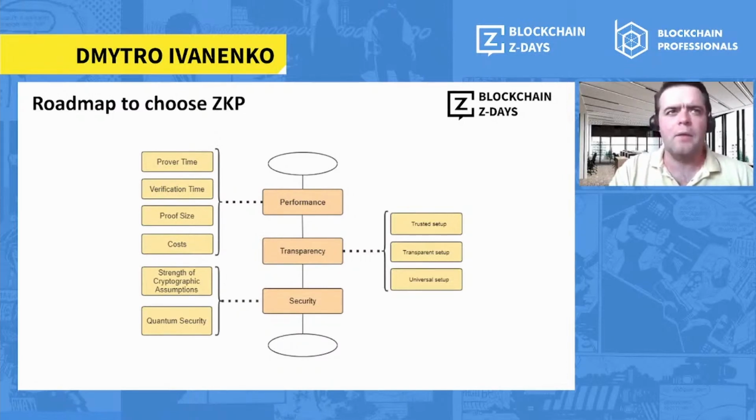Next, it's transparency. It's a situation when you need to understand who is responsible for generating your private parameters.